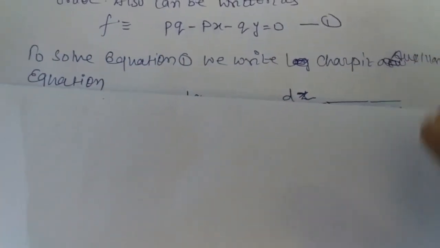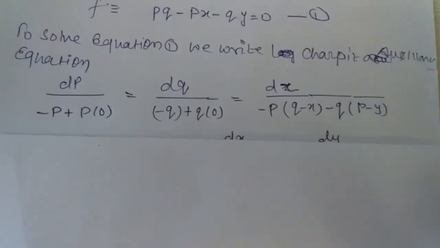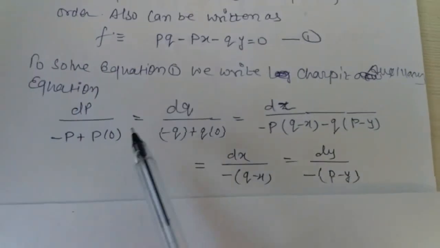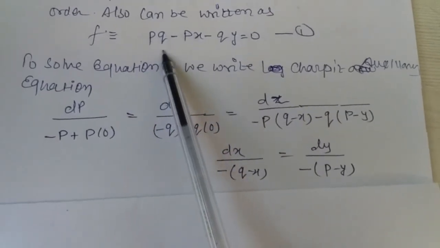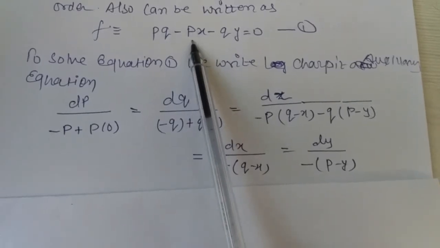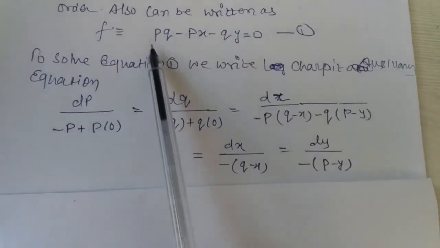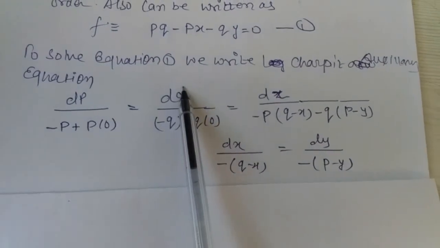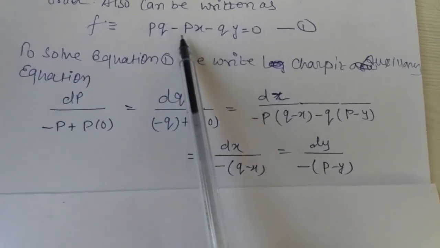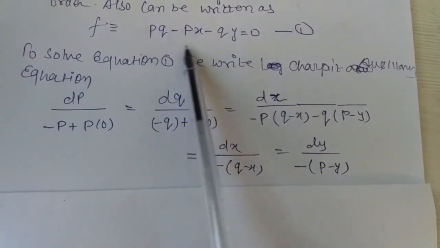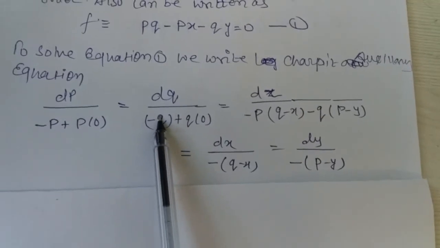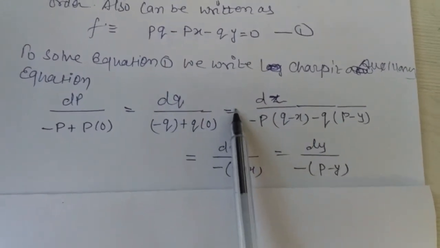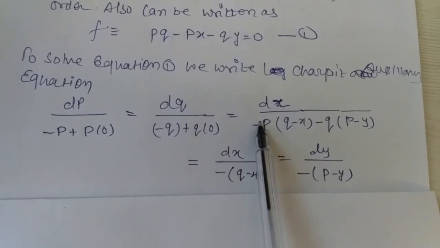So the Charpit auxiliary equation corresponding to equation first is dp upon del f by del x plus p del f by del z. The partial derivative of f with respect to x is minus p, and the partial derivative of f with respect to z is 0, equal to dq upon del f by del y plus q del f by del z. The partial derivative of f with respect to y is minus q, and again the partial derivative with respect to z is 0, equal to dz upon minus p del f by del p.